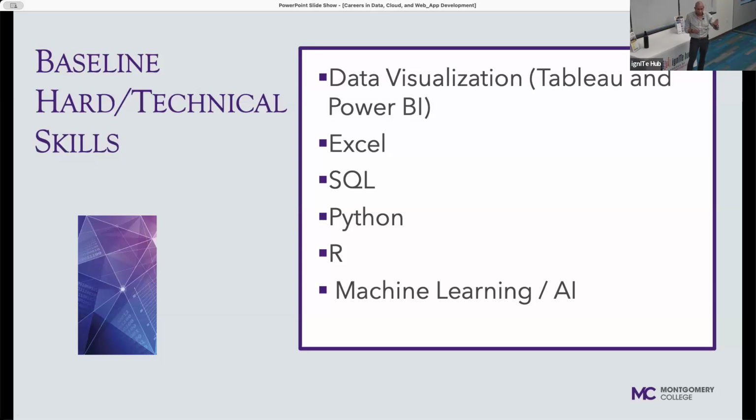This is the knowledge that you will need to enter this area. And then we're also going to be talking about the soft skills, and like I have been mentioning, the soft skills are now looked at, if not at the same level as the technical skills, sometimes even more.